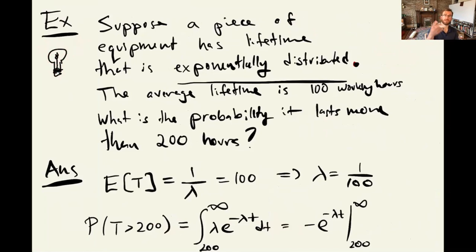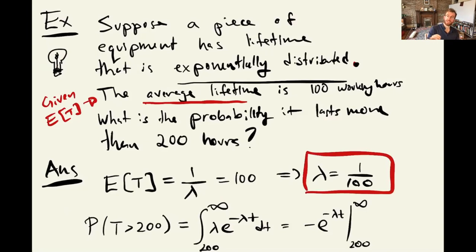Bulbs would pop or have something go wrong all the time. So having 100 working hours out of an old-fashioned light bulb is actually not too crazy. So that's the information. Here you're secretly given the expectation of T, the expected lifetime, the average lifetime. So we now know that lambda is going to be 1 over 100.